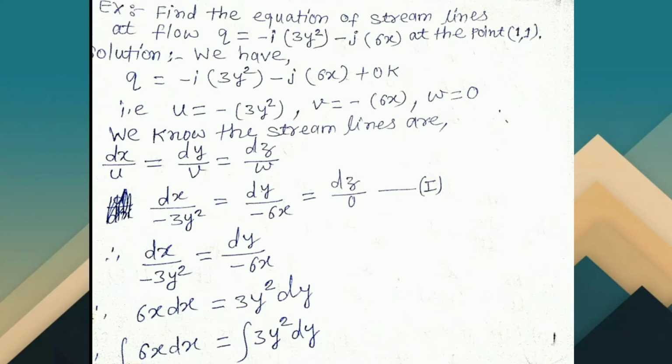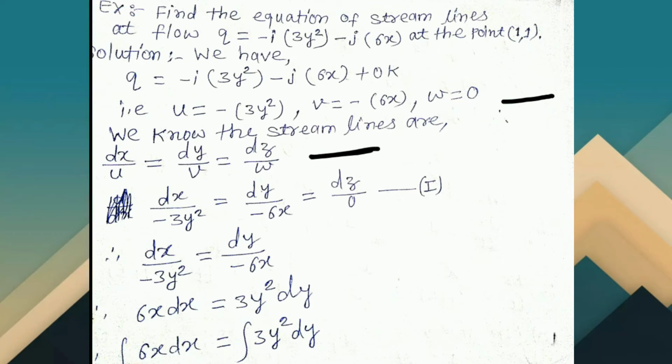So we know the streamlines. Streamlines are dx upon u is equal to dy upon v is equal to dz upon w. So we know already the values of u, v, w. Put the values of u, v, w in this equation.